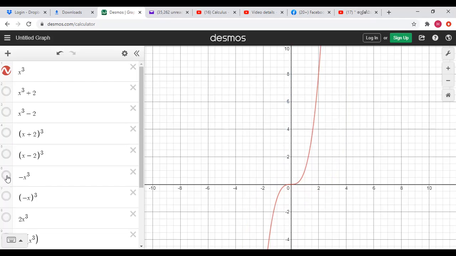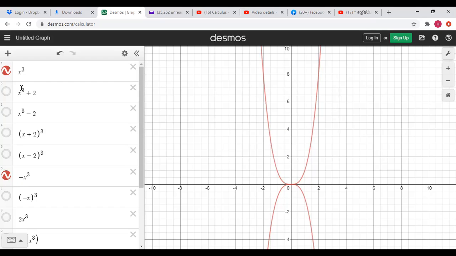Now, if you multiply this x cube by a negative, it will flip, meaning the positive side goes below the x-axis, negative side goes above the x-axis, and it is a reflection about the x-axis. If you multiply the whole function by the negative sign, it gives you a reflection about x-axis.